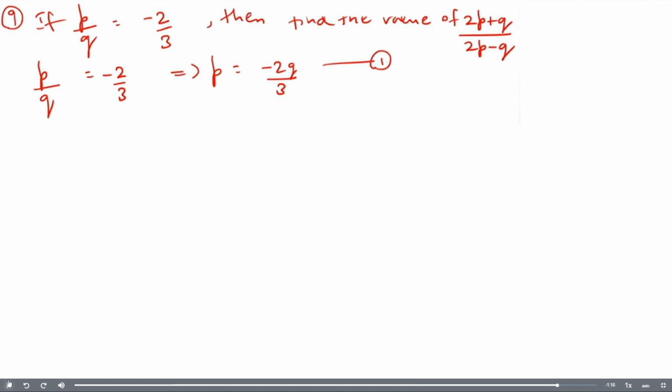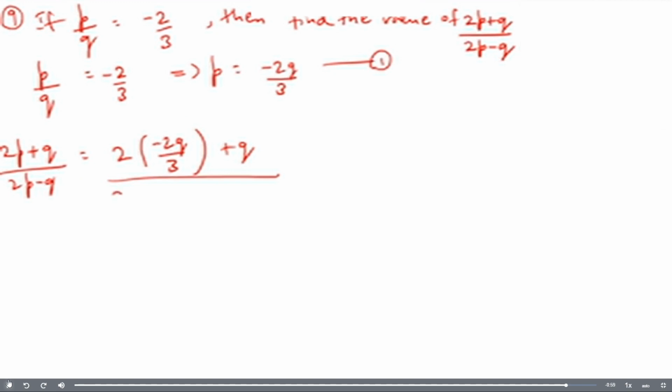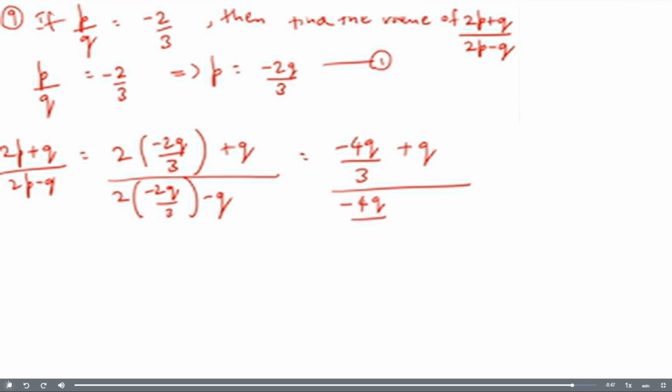So 2p plus q by 2p minus q is equal to 2 into minus 2q by 3 plus q, by 2 into minus 2q by 3 minus q, which is minus 4q by 3 plus q, by minus 4q by 3 minus q. Let us take LCM here.